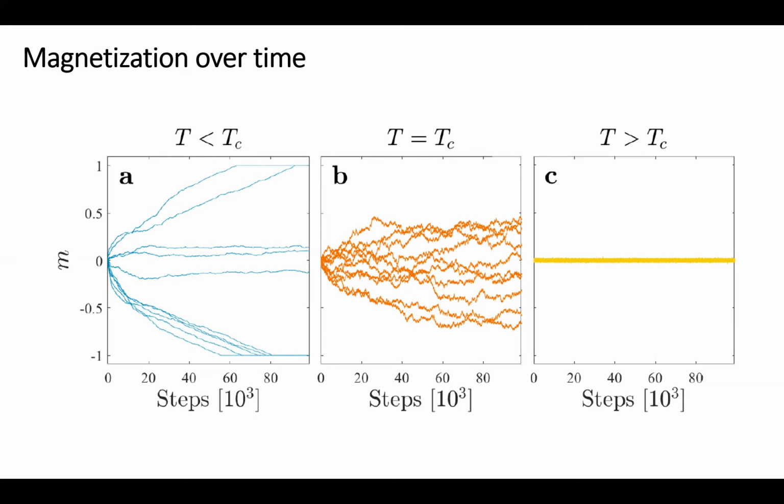On the other hand, if the temperature is higher than the critical temperature, the average magnetization is just fluctuating around 0, because there is enough thermal energy to fluctuate the spins around, and individuals can never really form clusters of a certain polarization.